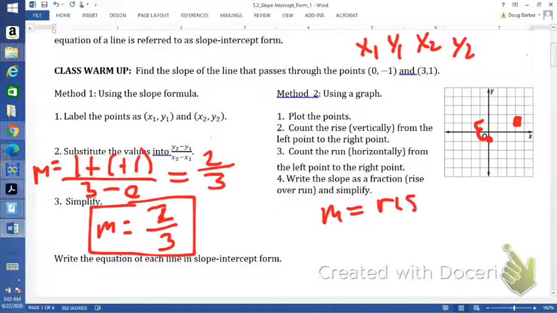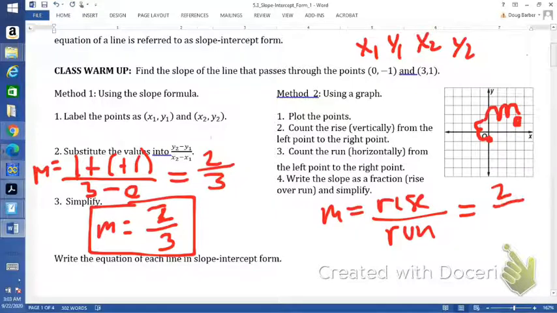So what we found there was our rise. Sometimes the rise is up, sometimes the rise is down. If you move down, then you're going to be negative. But we went up, so it's positive. And then our run is going to be 1, 2, 3 to the right.